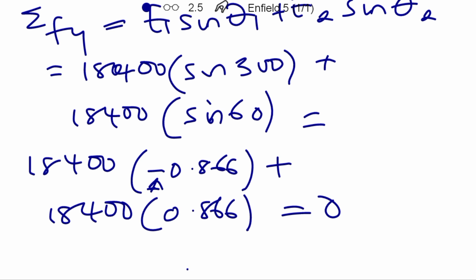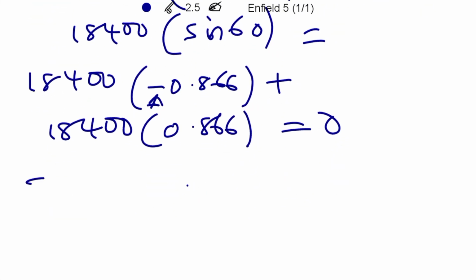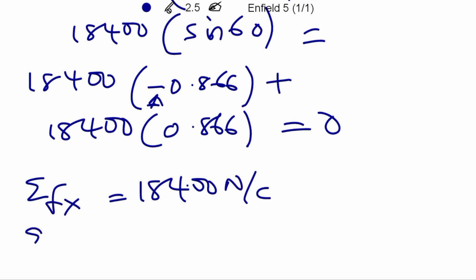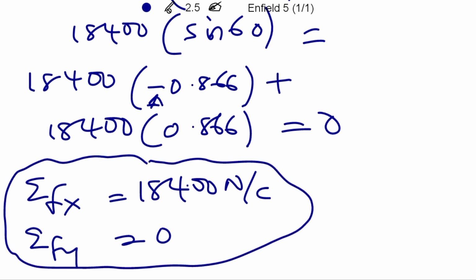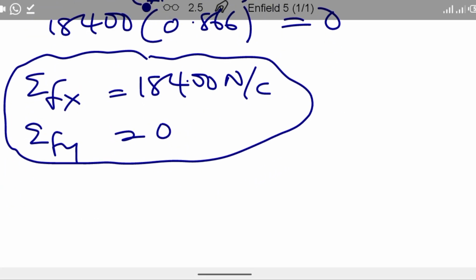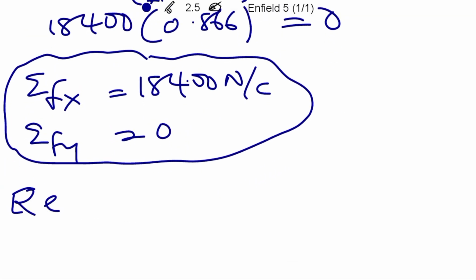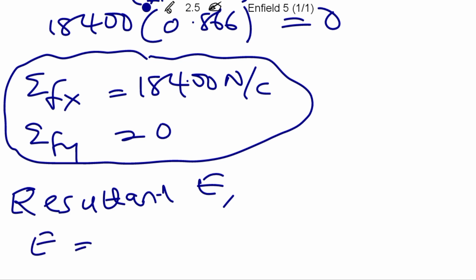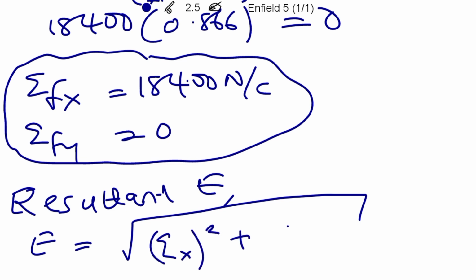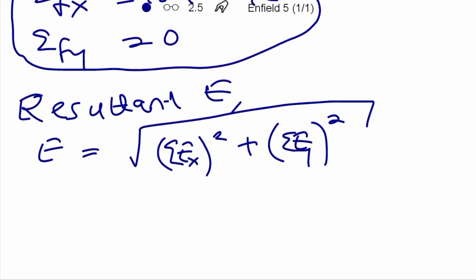So since we got the summation of E of x to be 18400 Newton per coulomb, and the summation for y equals 0, we can say that the resultant E equals the square root of the summation of E of x squared plus the summation of E of y squared.